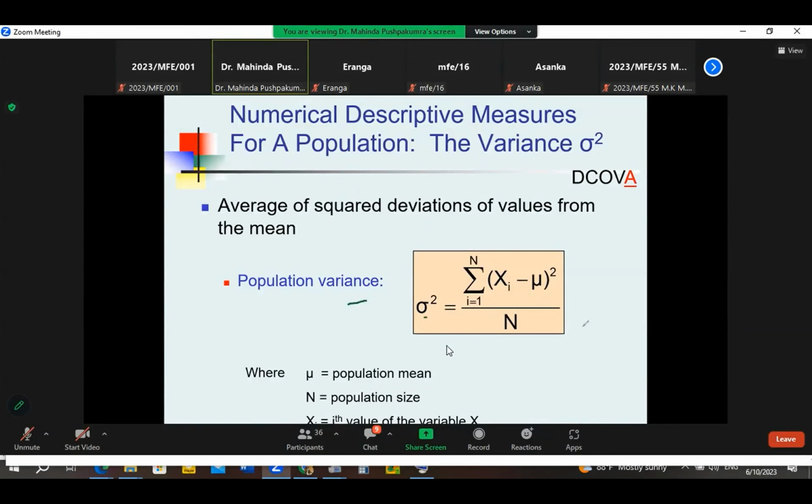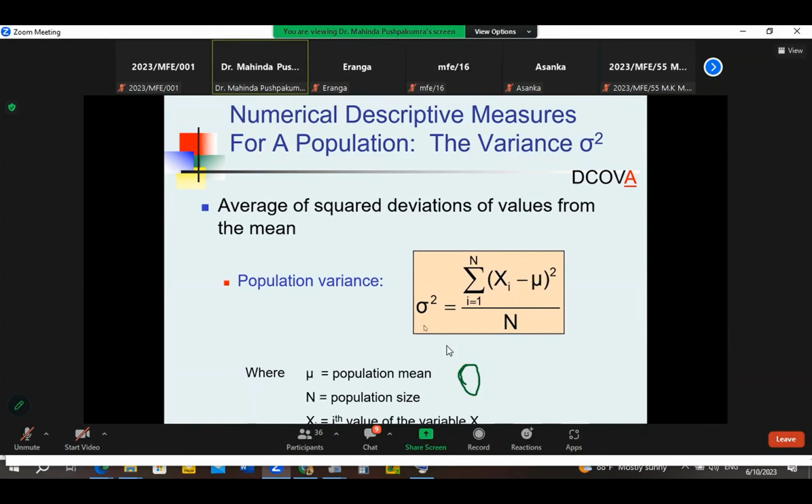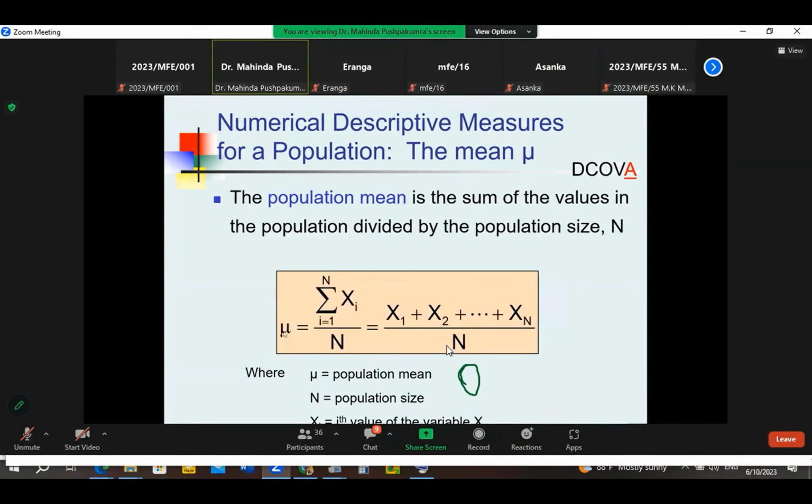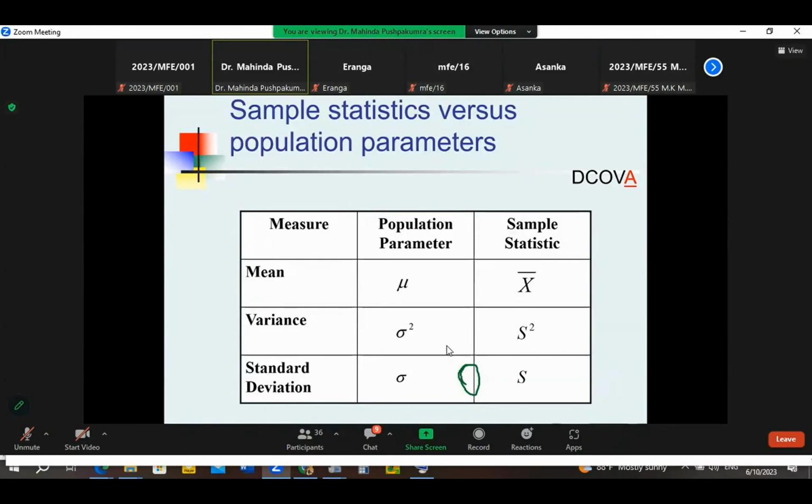Population variance uses this symbol; sample variance uses S squared. For standard deviation, we use SD or S for the sample, and here we use this symbol for the population. You will have to remember, if you are given this symbol, it indicates a population value, and if you are given this value, it is the population average or mean.